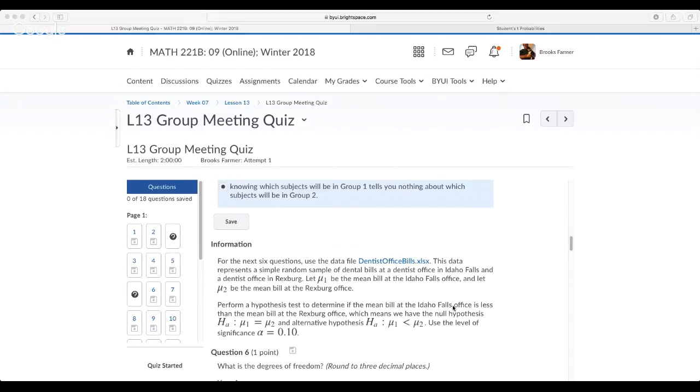So we want to do greater than, right? Isn't it variable 1 equals variable 2, so would it be less than? Well, you want to figure out if variable 2 is greater than variable 1. Or are you trying to figure out if variable 1 is less than variable 2?